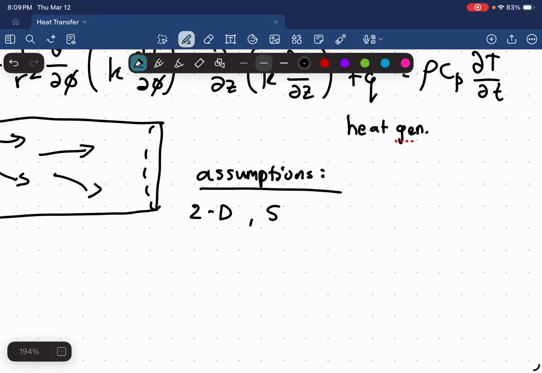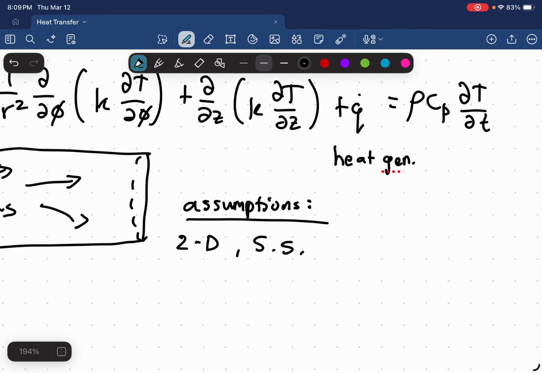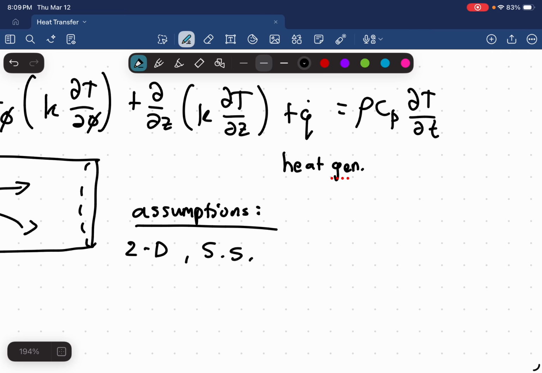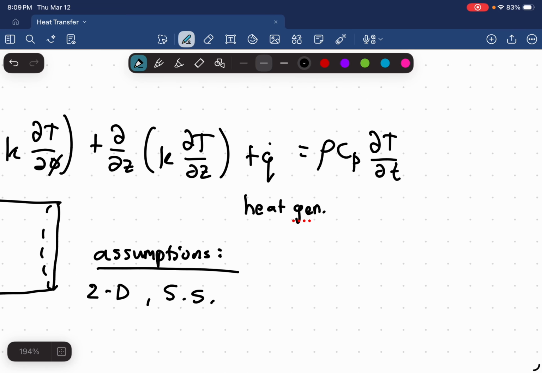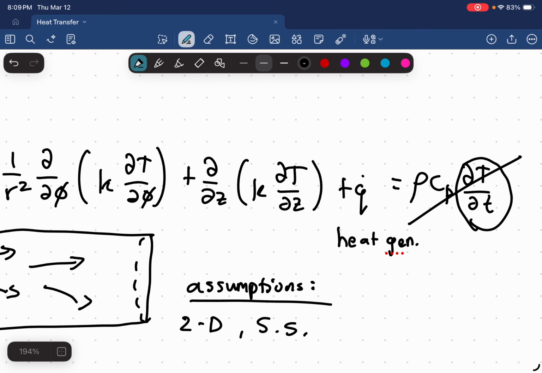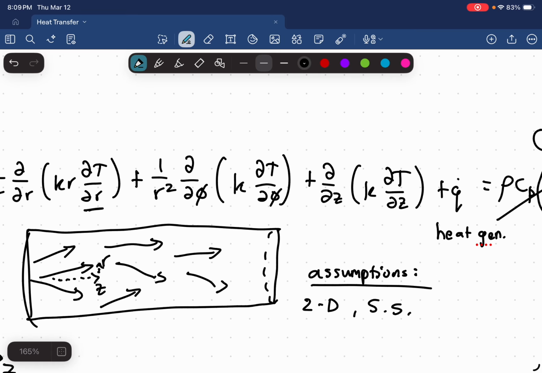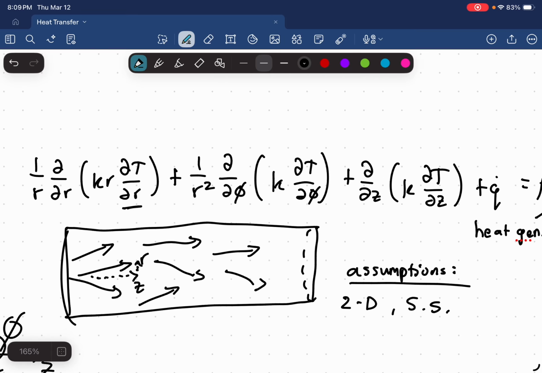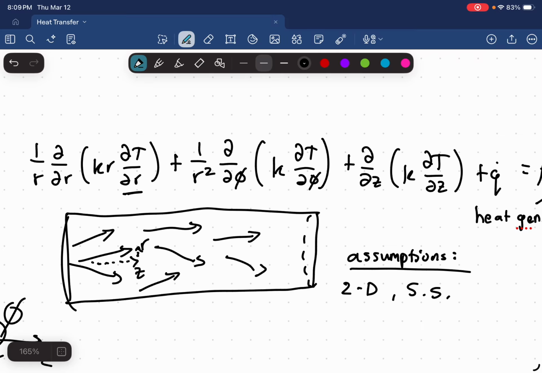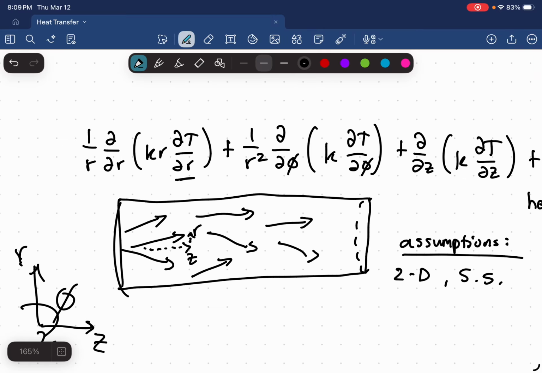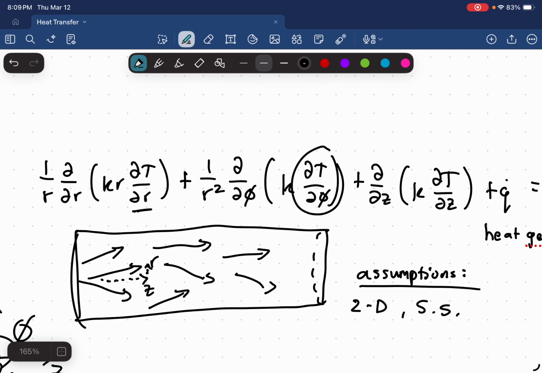And also, let's say that it is steady state. Whenever you have a steady state assumption, the derivative that has to do with time is going to cancel out. So that goes to 0. This goes to 0. Secondly, the direction that is not used in this problem is this derivative that has the phi angle.